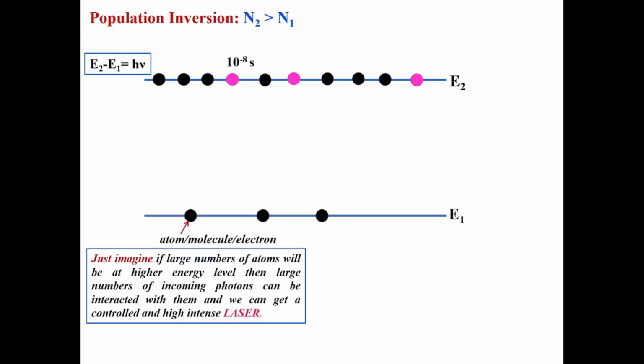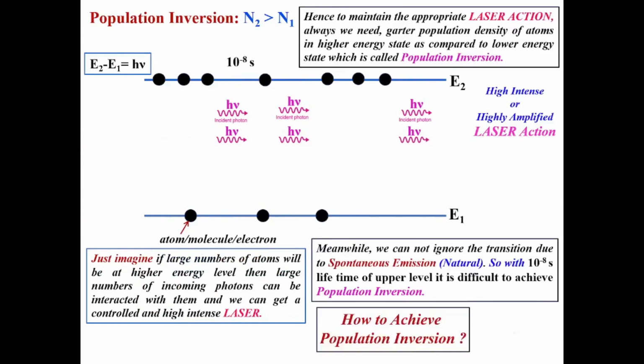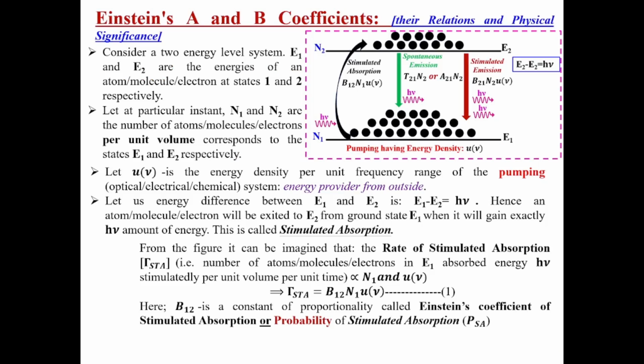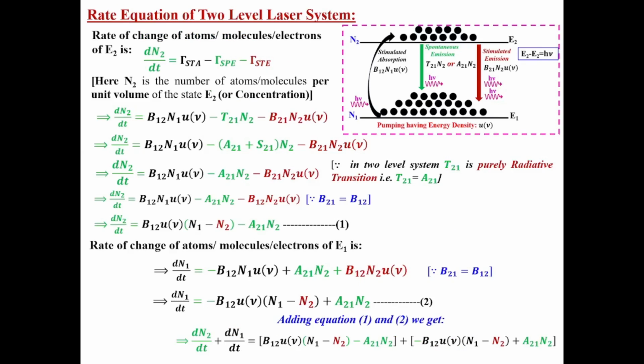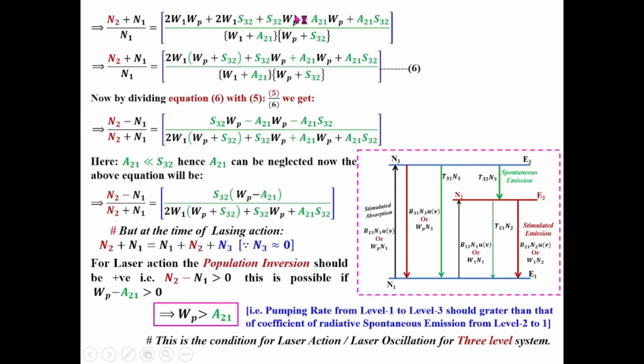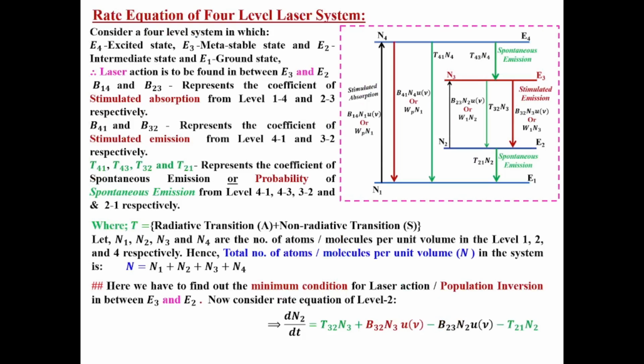These topics we have already discussed in our previous classes: Einstein's A and B coefficients, their physical significance and the relation between them. Last class we discussed the rate equation of the three-level laser system in detail with notes. Here in this class we are going to discuss the rate equation of the four-level laser system.